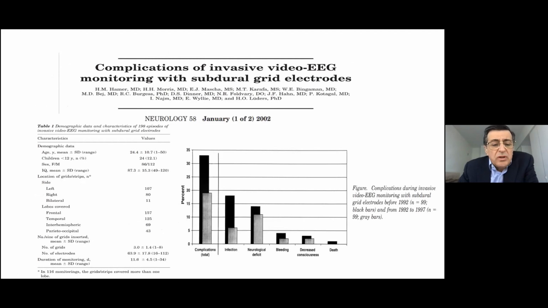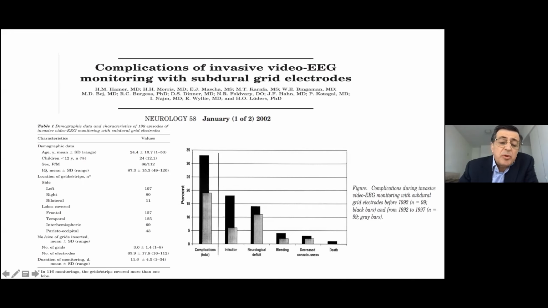So when I joined the Cleveland Clinic in 1992, we were burdened with a very high rate of complications in subdural electrodes. And we then implemented a surgical protocol that we continue to use that dramatically decreased the incidence of complications. And I will go through this protocol.